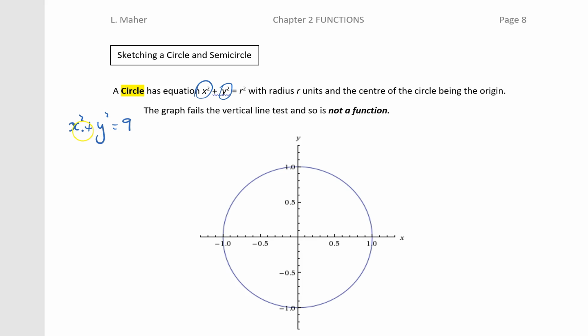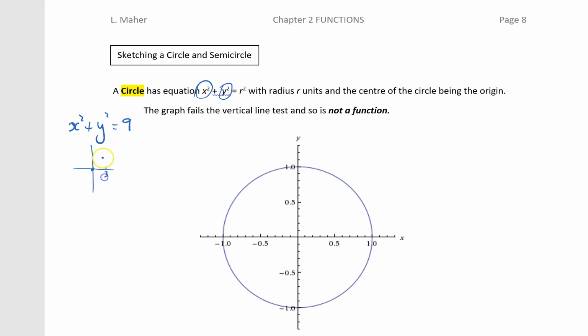These circles have their center at the origin. And this one would be center at the origin and radius 3, because this number here is r squared.